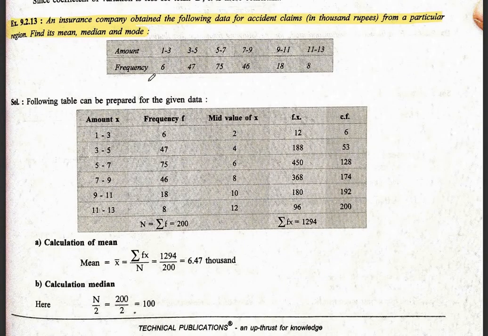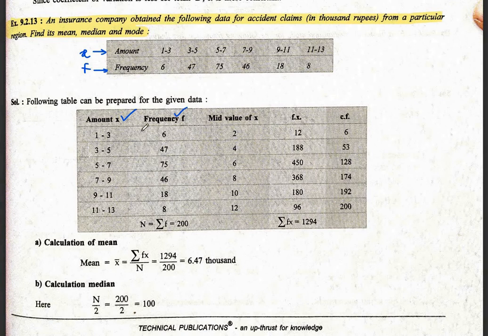Now if you see here, two values are given, amount and frequency. The amount is our x value, and the frequency is our f value. But the value of x is not a single value, it is in the form of a range. So we have to form one table again, with the x values here and the frequency values here.